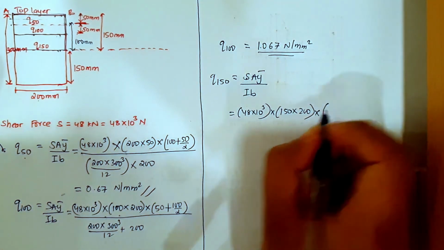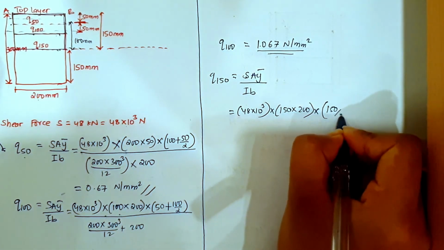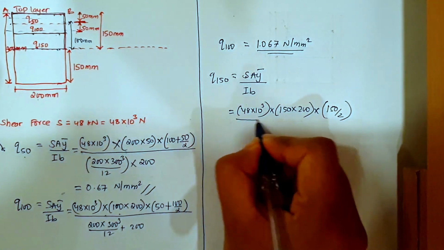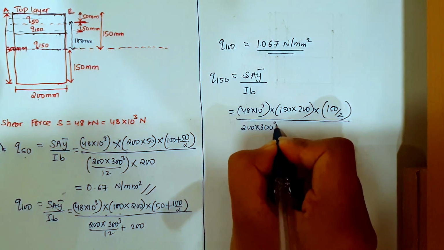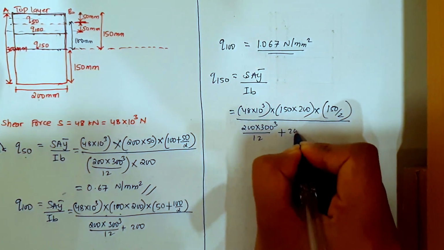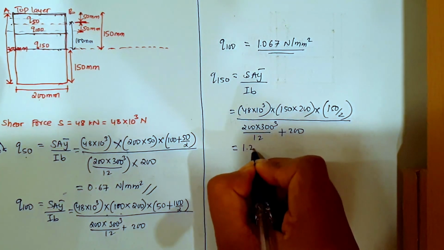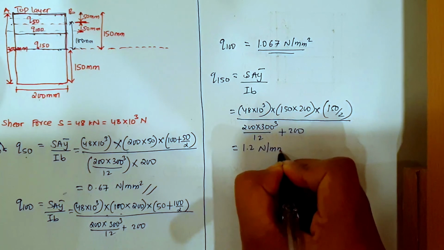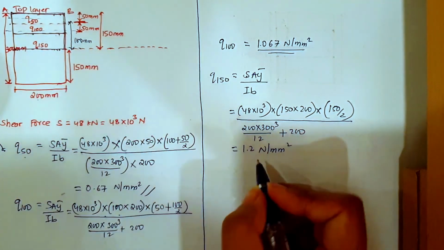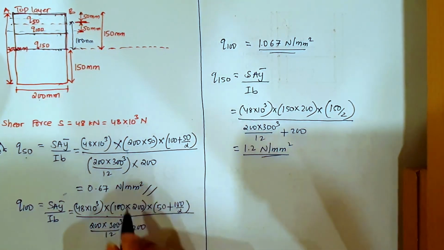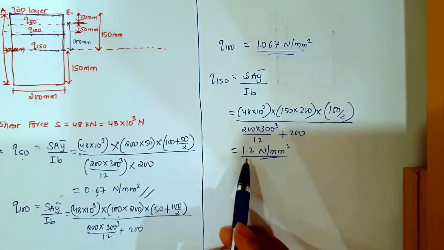Into y bar will be half, we will take half of this, so 150 divided by 2, divided by 200 into 300 cube divided by 12 plus 200. So from here you get Q150 equals 1.2 Newton per mm square. And this Q150 is right at the neutral axis, so the maximum comes here. So of the three values, we got the maximum at 150, which is at the neutral axis.